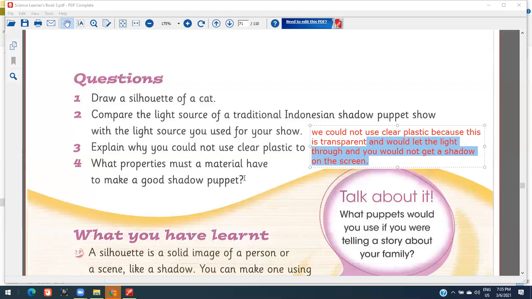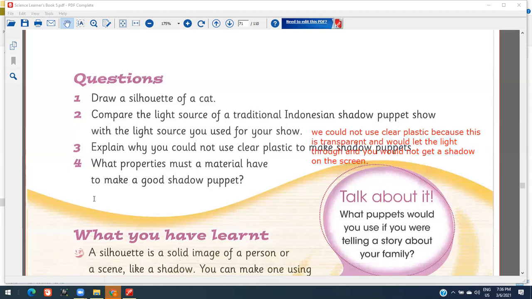Any material which blocks the light, so we can easily create the shadow behind it. If it is a transparent or translucent object, the light can pass through it, maybe some light or all of it. So both transparent and translucent are useless. So we are using the third one, opaque. Why opaque? Because it can block the light.